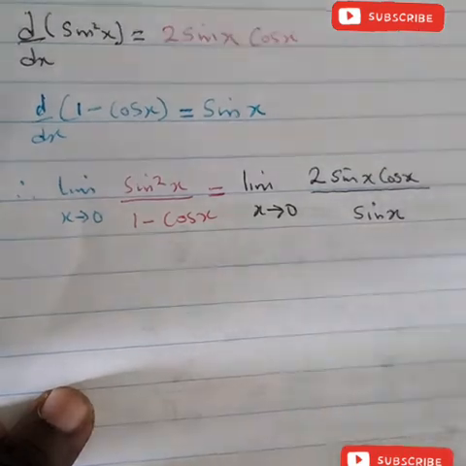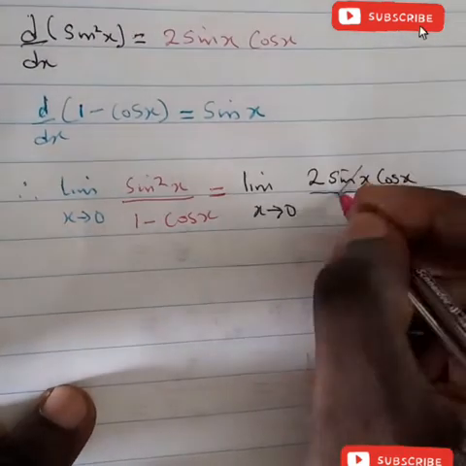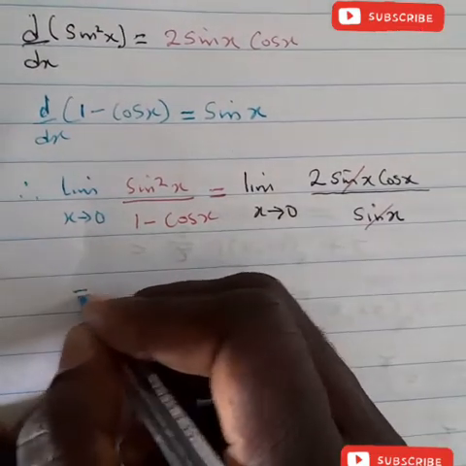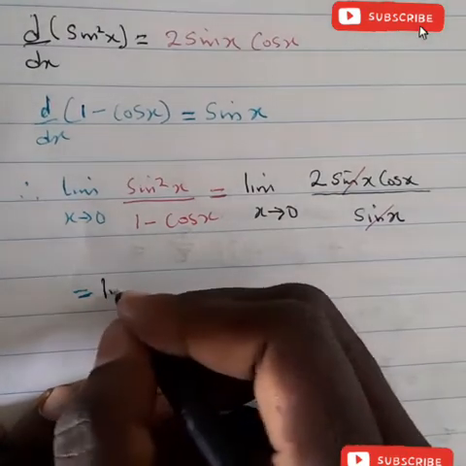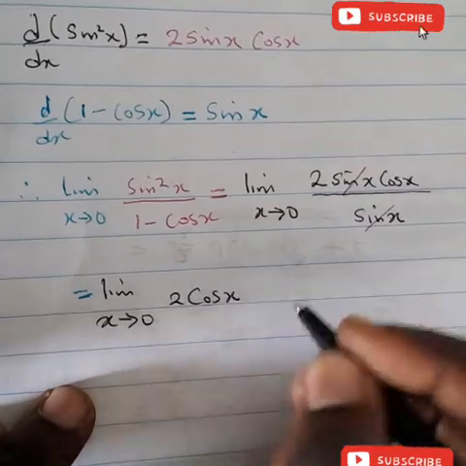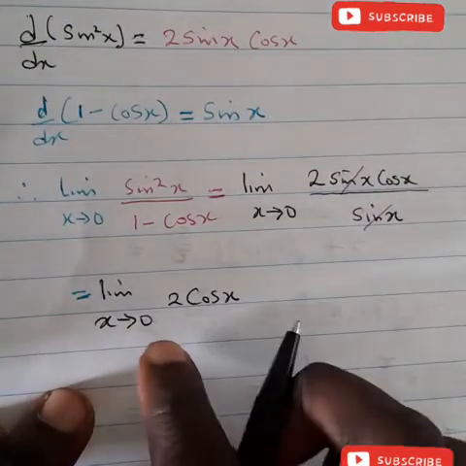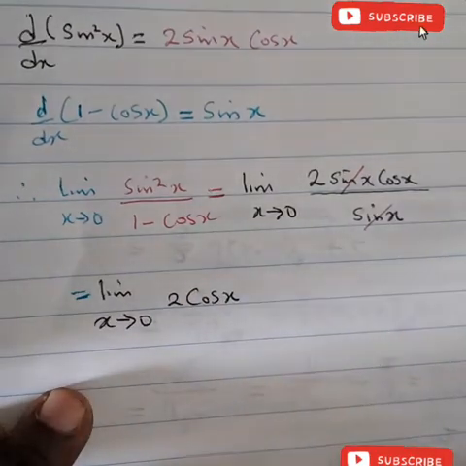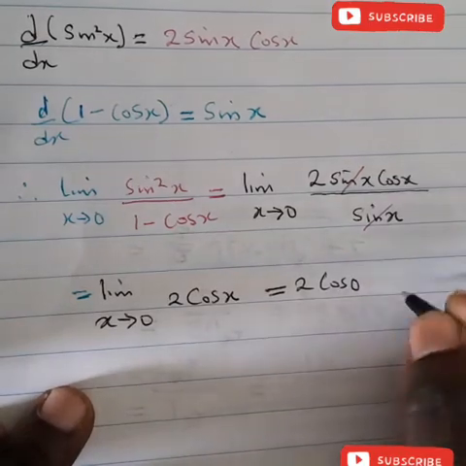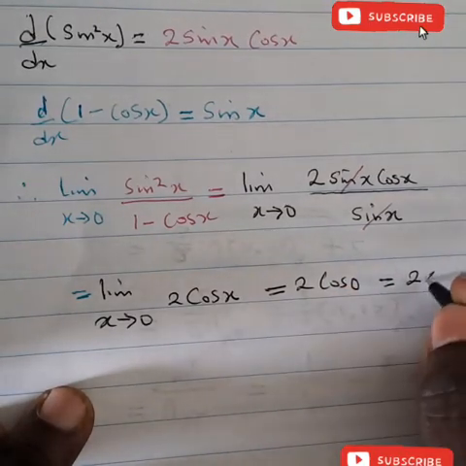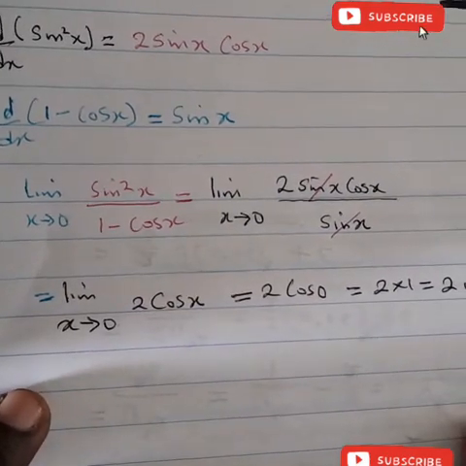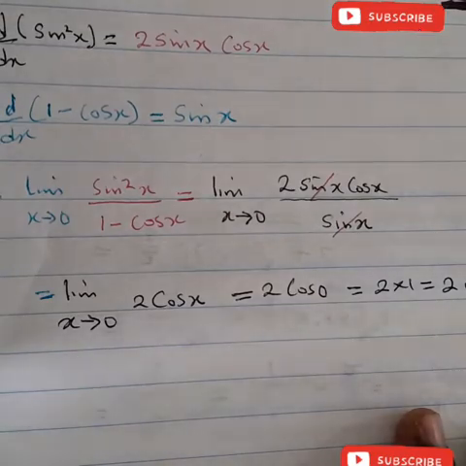You can see that this will cancel out this, and we'll be left with the limit as x tends to 0 of 2 cos x. I have continued to write the limit until I want to substitute. Now substituting, I'm going to have 2 cos 0, cos 0 is 1, so 2 times 1, which is equal to 2.